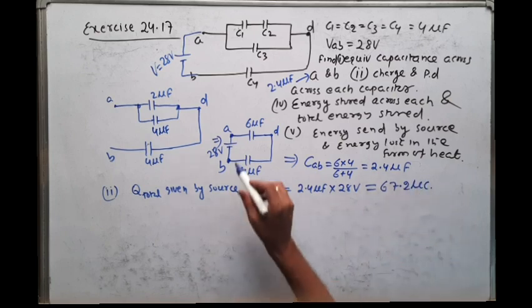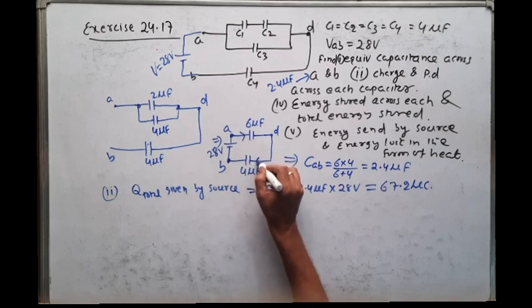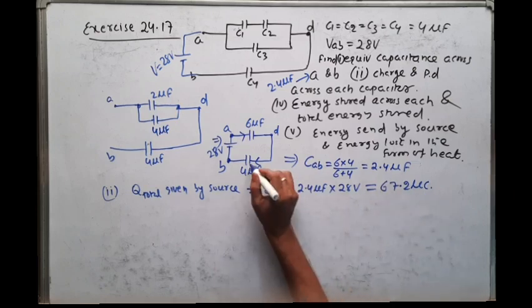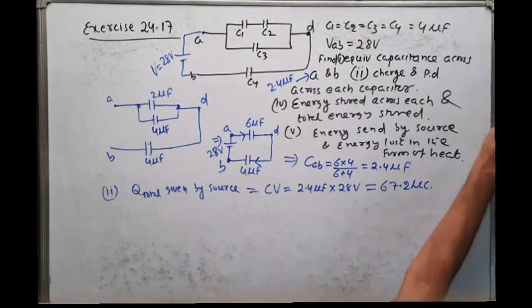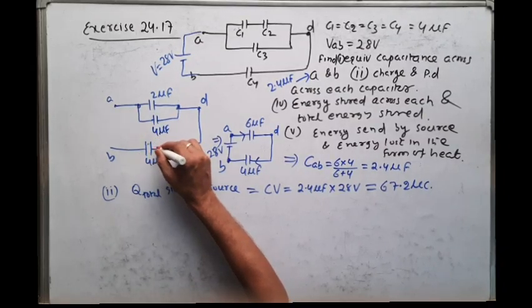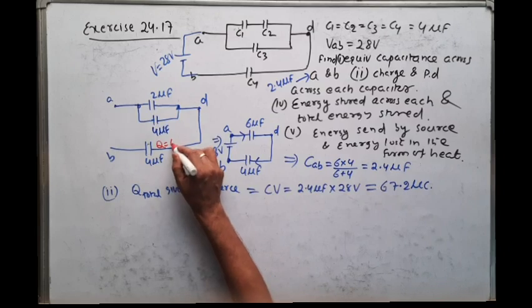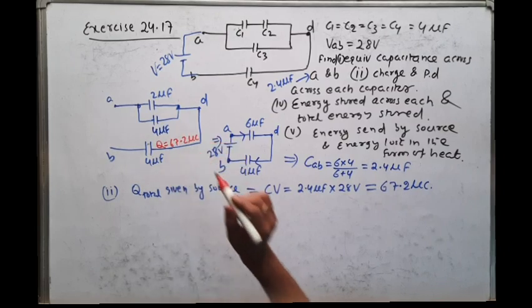So now you see, this 28 volt is providing what charges? 67.2 microcoulomb. So this 67.2 microcoulomb will flow through this 4 microfarad. So here the charge value is equal to what? 67.2 microcoulomb.